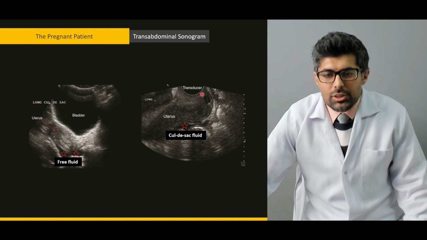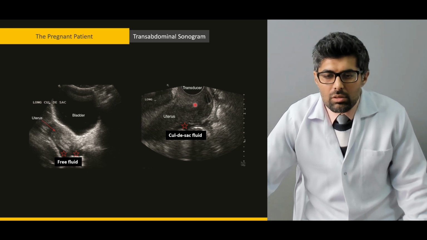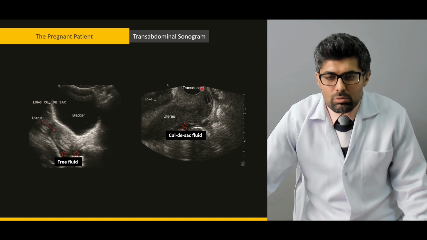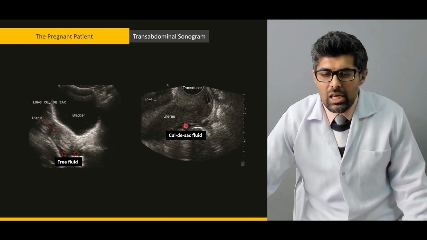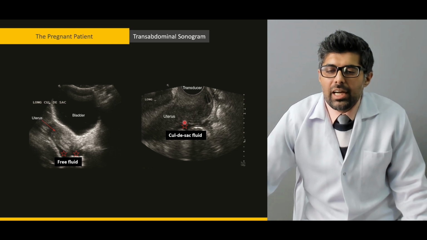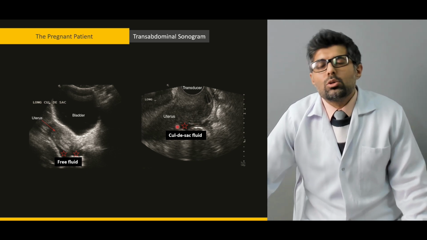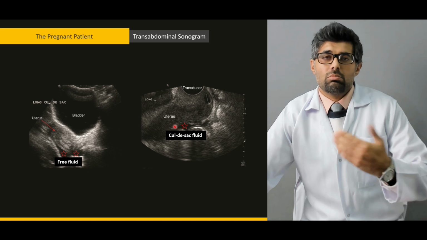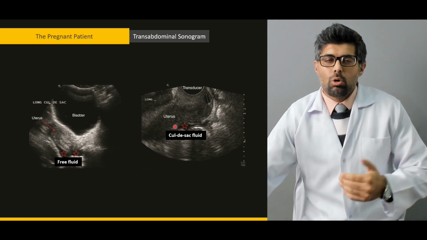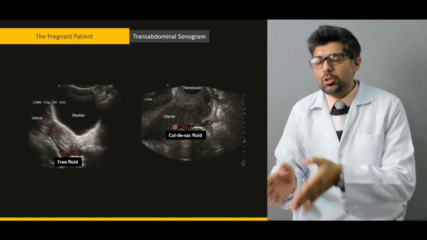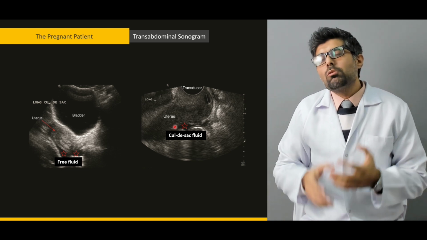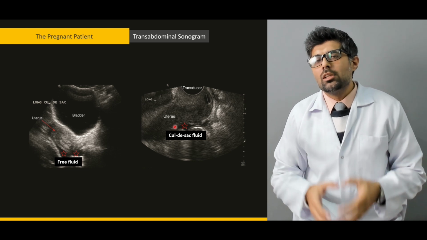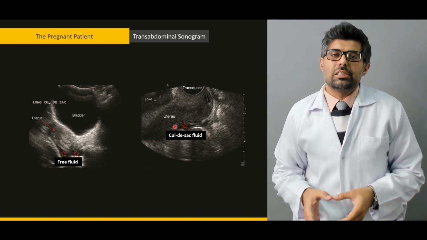As you can see, the first thing that we see through the transducer is the uterus, and this is the cul-de-sac. The cul-de-sac is also called the retrouterine pouch, the space between the uterus and the rectum of the patient, and it is one of the most common sites of ectopic pregnancy.